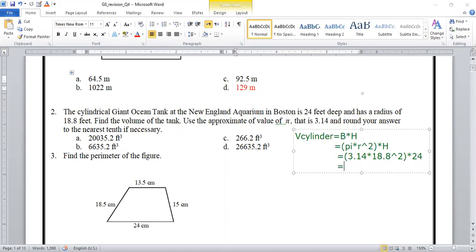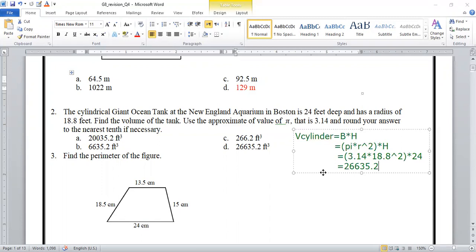Okay, we can solve this. We know that square means 18.8 times 18.8, repeat 18.8 twice. So the answer will be 26,635.2 feet cubed.